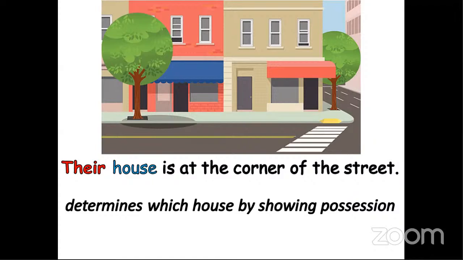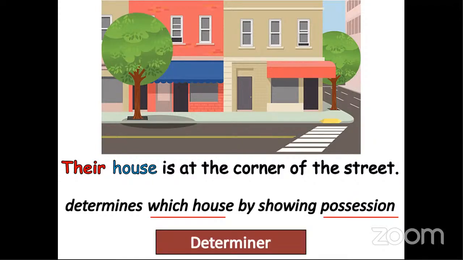So there is a determiner. It is specifying by showing possession. Whose house? Their house. So this there becomes a determiner and it is placed just before the noun.